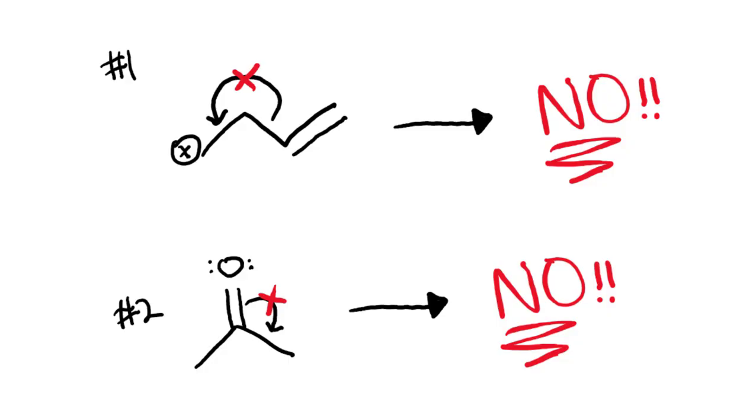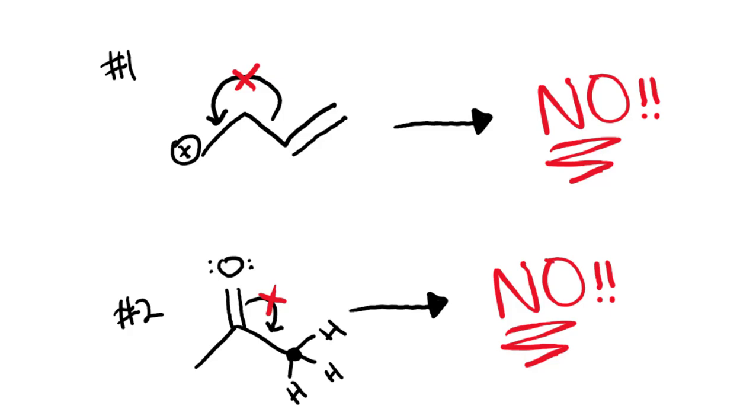The second example is showing the movement of the pi electrons, and we know this carbon atom here actually has 3 hydrogens that are not shown. By moving the electrons down, we would be forming a 5th bond with this carbon atom. And carbon is one of those second row elements, so we can't violate the octet rule and give it more than 8 electrons.